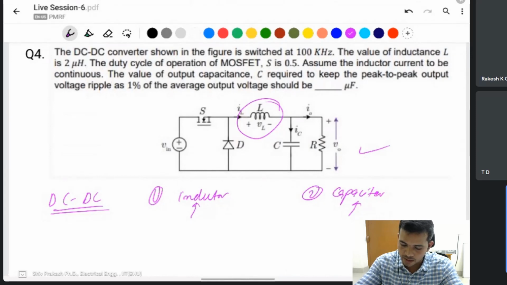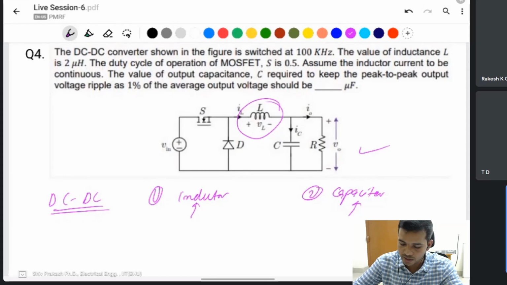It means the average voltage across the inductor should be 0 and the average current through the capacitor will be 0. These are the two most important things in a DC-DC converter.